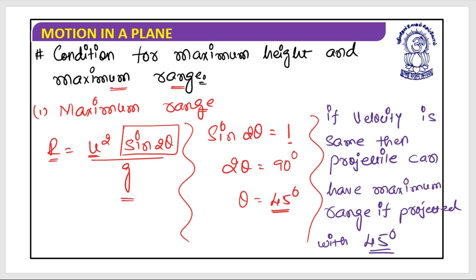If I keep u fixed, and g is always fixed, then my projectile has a maximum range if it has been projected at 45 degrees.